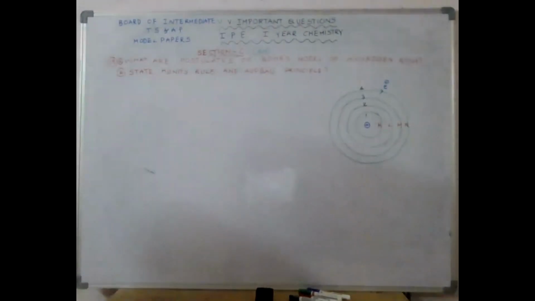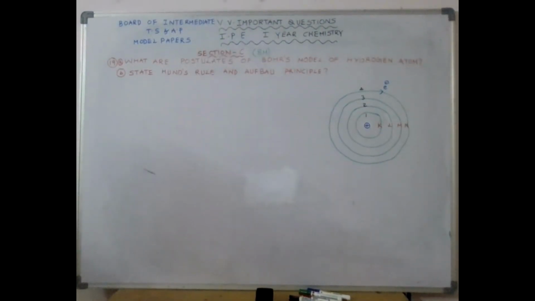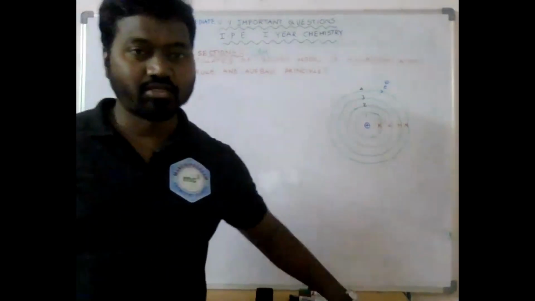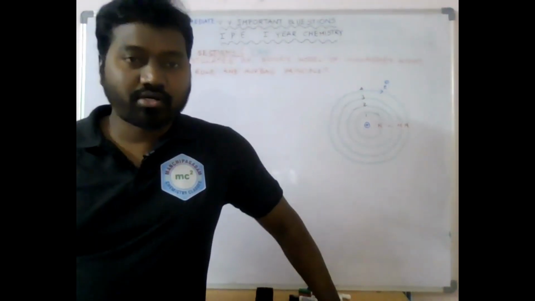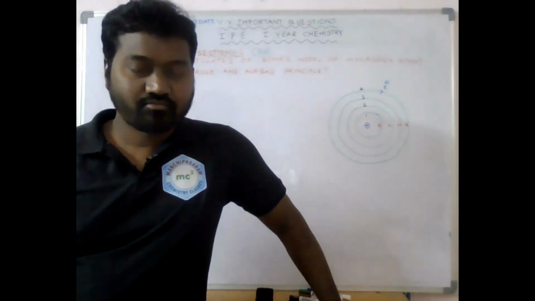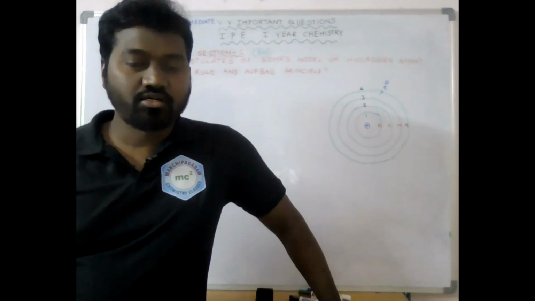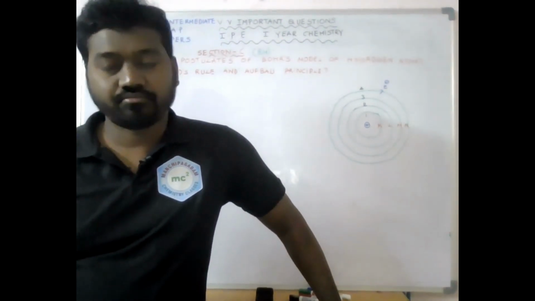But look at the second part of the question: state Hund's rule and Aufbau's principle. This is unexpected here. With this we expect the hydrogen spectrum, but he has given Hund's and Aufbau's principle.